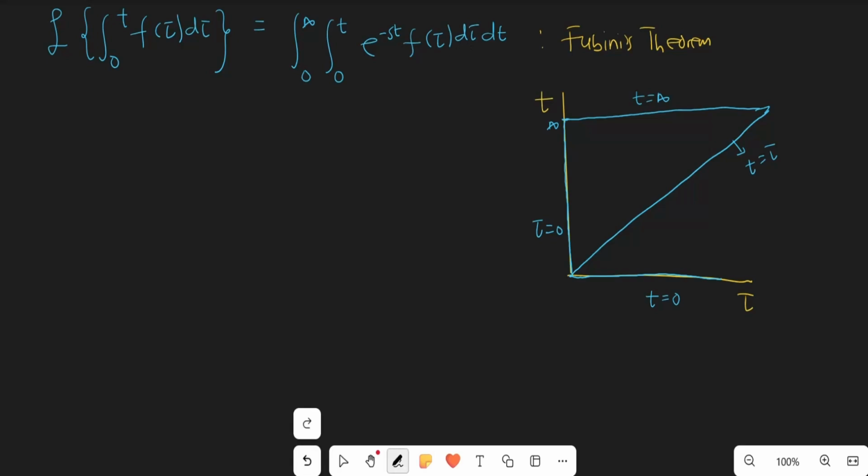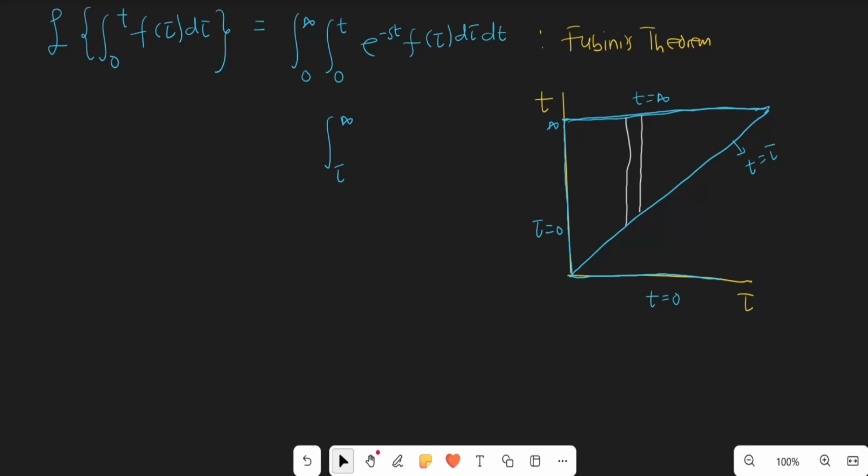So if I'm moving from here to here, what will be the starting point and what will be the end point? So I'm going to write the limits of integration for t like this. So t is starting from what? So t here is equal to tau, why not? So t is starting from tau and it's moving all the way to infinity. So those are the redefined limits of integration for t.